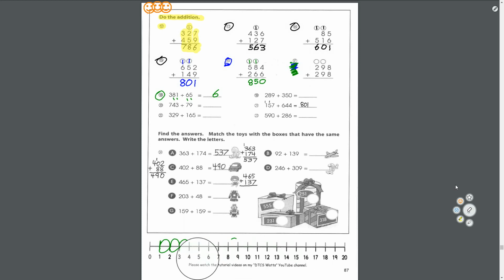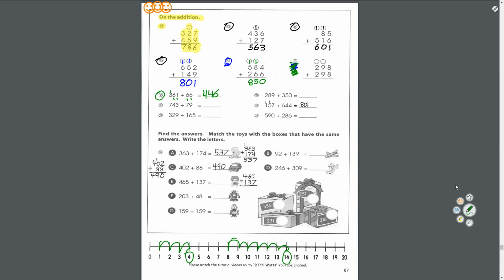Let's erase this. Okay, 8 plus 1, 2, 3, 4, 5, 6 equals 14. 4 goes here, carry the 1 above the hundreds. And now we'll do 1 plus 3. And there's no hundreds over here, so it's just 1 plus 1, 2, 3 equals 4. So our answer is 446.